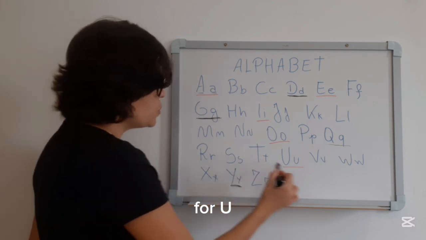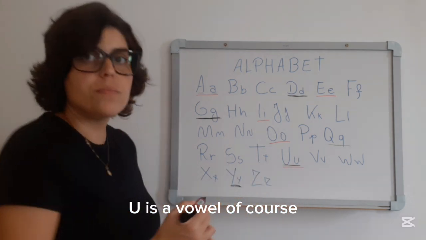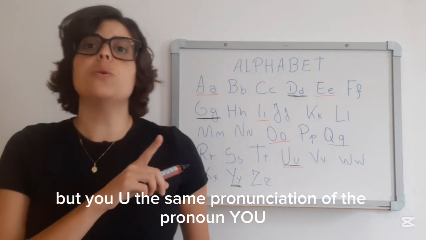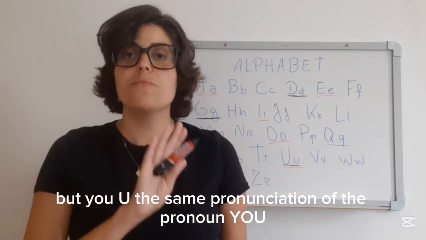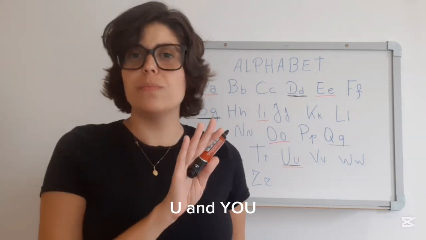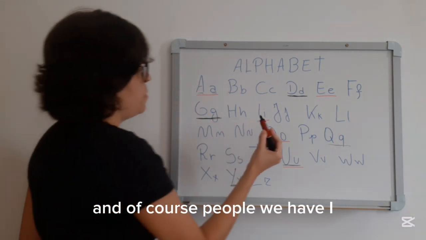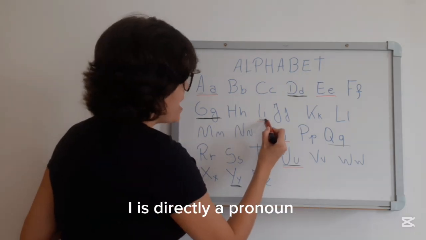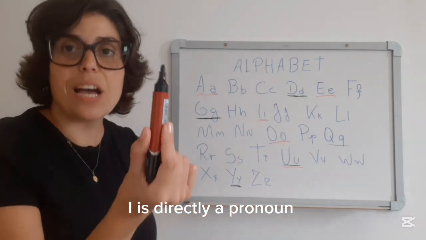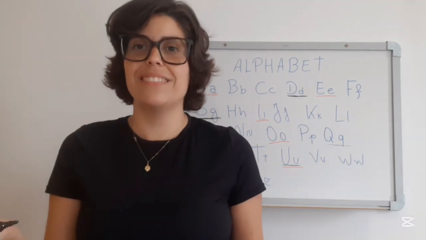For U. U is a vowel, of course, but U has the same pronunciation of the pronoun you. You and you. And of course, people, we have I. I is directly a pronoun. I. I.